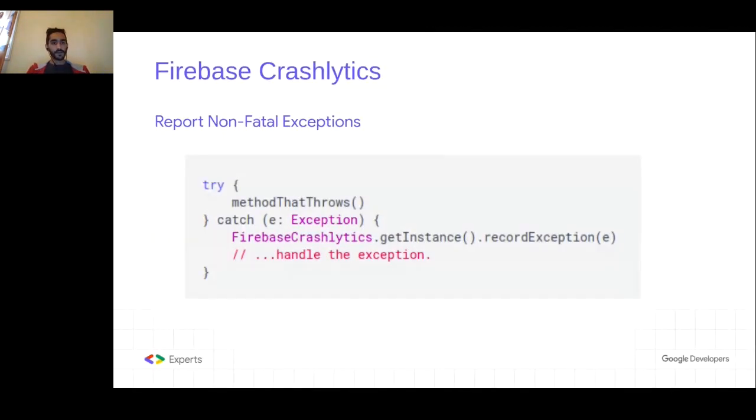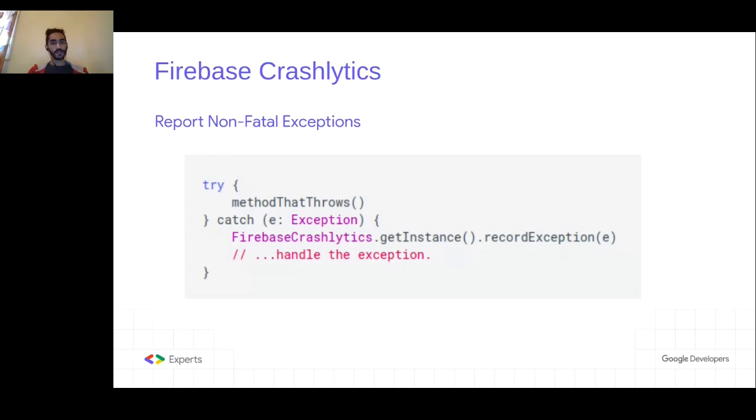You can also report non-fatal exceptions, as we saw previously on the Firebase console image. Basically, this silently records the crash, but it's not really a crash that's going to stop your app. So your app will not stop running. The most common way to do this is by using a try-catch statement.